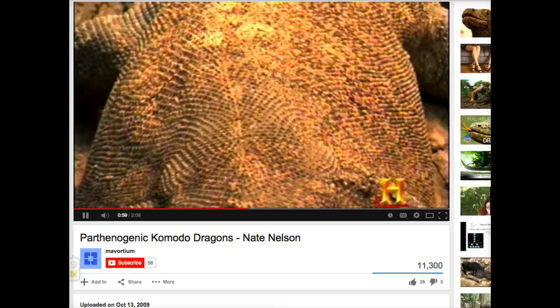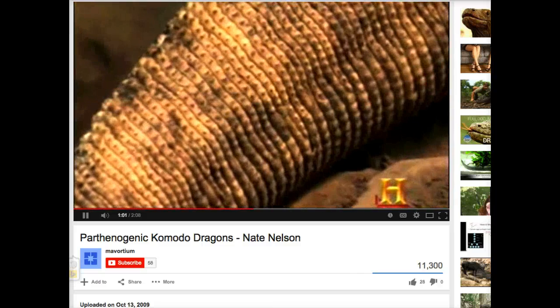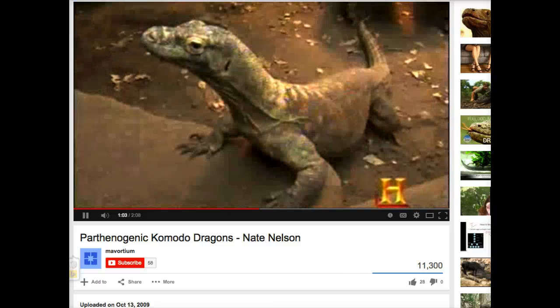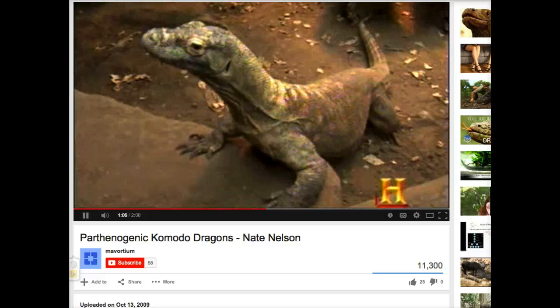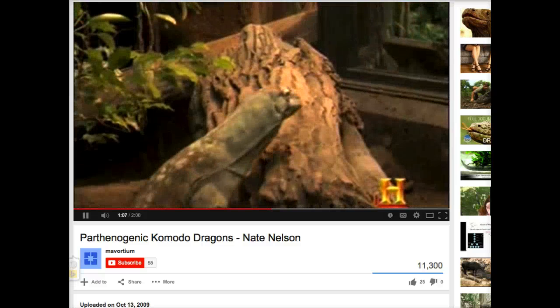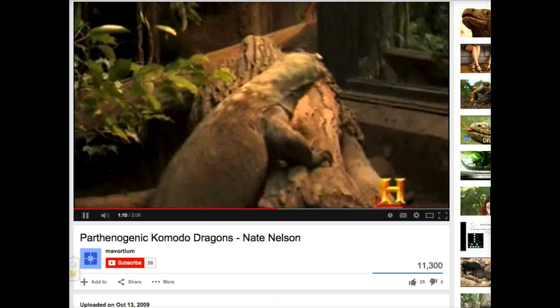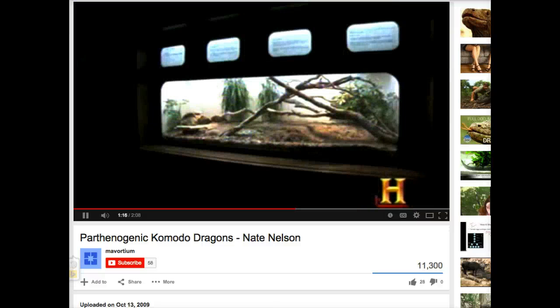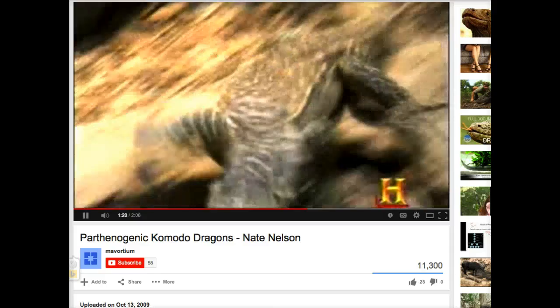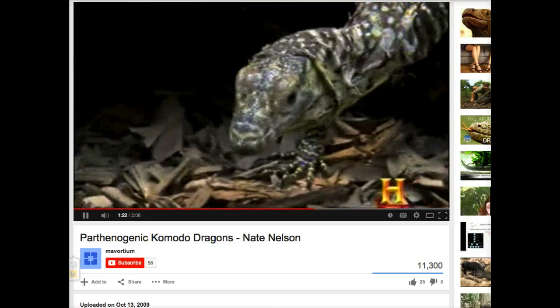Nelson says the females can lay up to 20 or more eggs. Of those, not all are fertile. And of course, only the fertile ones hatch. There is reason to believe that dragons at other zoos are reproducing parthenogenically. We're just not keeping the eggs. The zoo recently incubated some of the eggs and produced these two hatchlings.